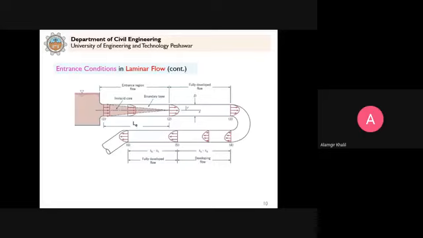Now you can see in this another diagram, when the fluid enters into the pipe, you see the velocity vectors shown here, the arrows, they are of uniform magnitude. But because the resistance will be offered from the pipe wall, the boundary layer will be developed.